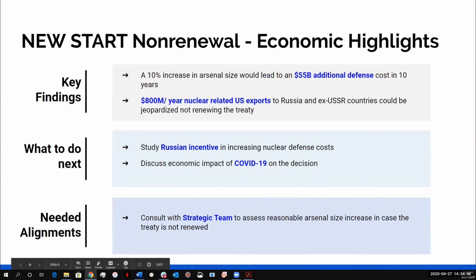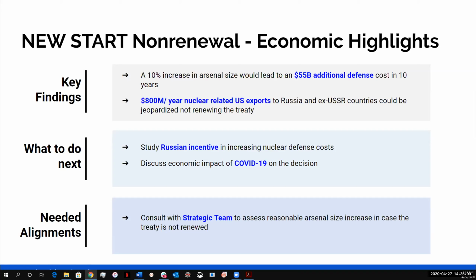This is Lorenzo Vergari again. When we studied the economic implications that might derive from not renewing the New START treaty, we saw that there is a significant increase of costs due to an increase of weapons. We expect that not renewing the treaty could change the perspective from a strategic point of view and could cause an increase in arsenal size.